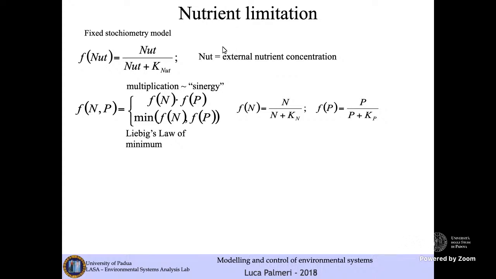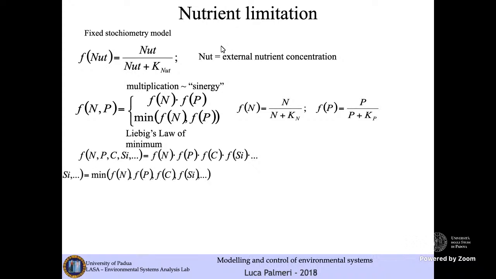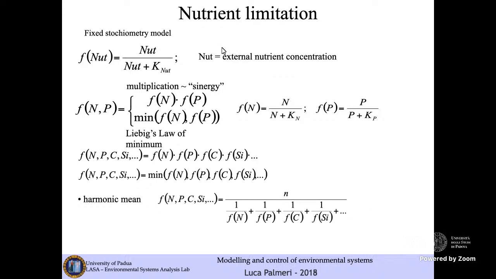Other ways of combining nutrient limitation, besides that of multiplying the different limiting functions, so the synergetic approach, are those of finding the minimum, so Liebig's law, or we may, in some cases, compute the harmonic mean, and also in some cases compute the arithmetic mean of the limiting functions.